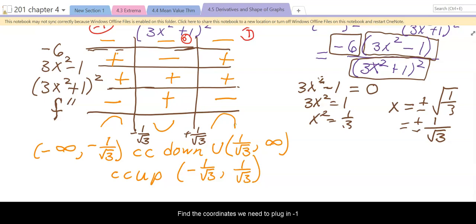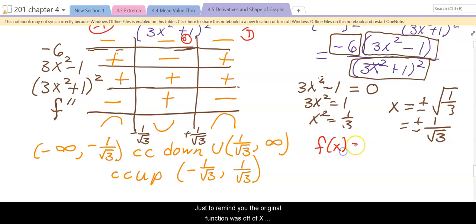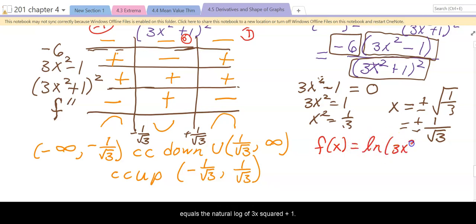To find the coordinates, we need to plug in -1 over the square root of 3 and 1 over the square root of 3 into our original function. Just to remind you, the original function was f of x equals the natural log of 3x squared plus 1.